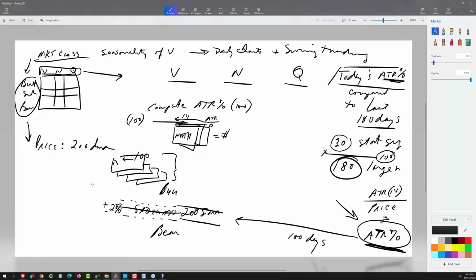So I have to do those 100 calculations to come up with a list of ATR percentages for each of those days. So now I have a set of 100 ATR percentages from the last 100 days.